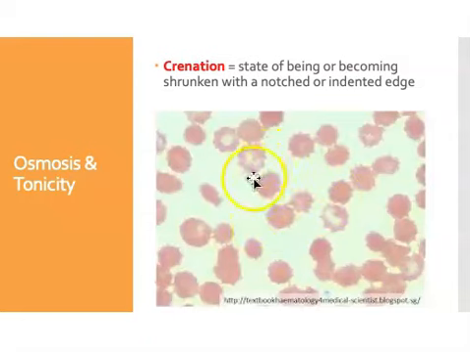I want you to take a look at how the membrane around these red blood cells has changed. It's got little spikes on it almost. It's got these little spicules, these little projections coming off the membrane.